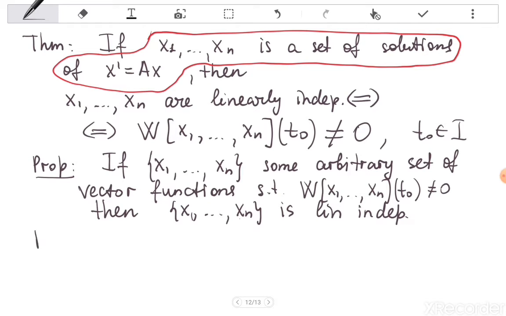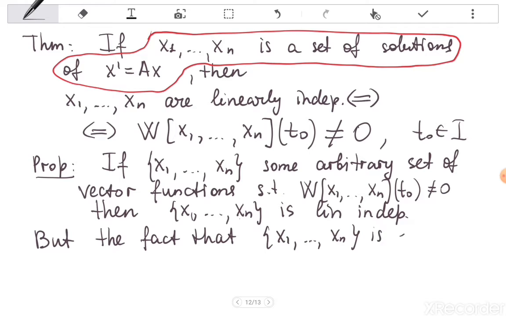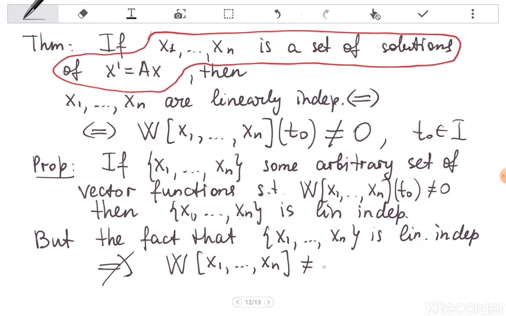But in this case, if this set is an arbitrary set, the backward implication is wrong. The fact that x1 and so on, xn is linearly independent in general does not imply that the Wronskian is non-zero at some point.